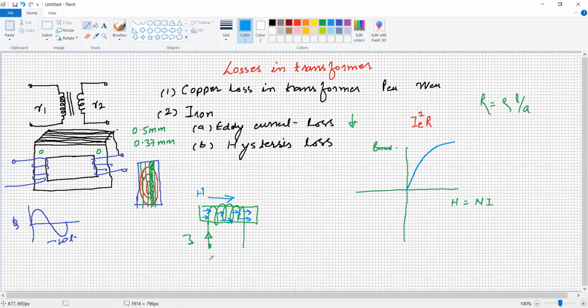Now, if you increase the current more, there is no effect in increasing the magnetic flux. So the flux becomes constant. So there is a saturation. Now, if you decrease the current in the same steps, it does not follow the same path, but it follows a different path.